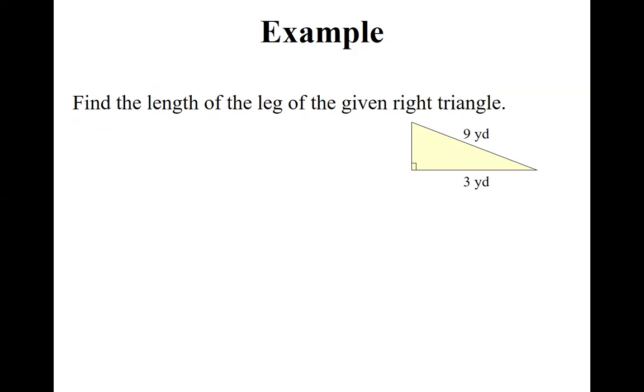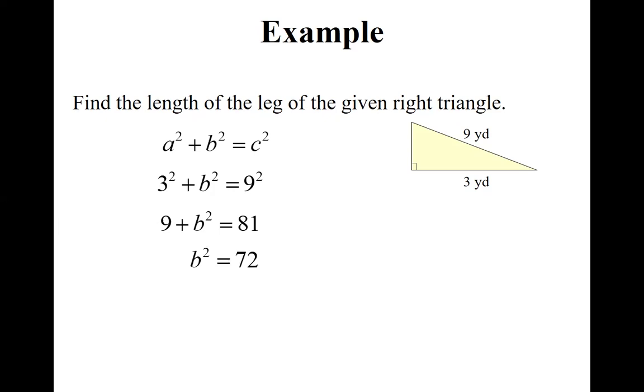Now we want to find the length of the leg of the given right triangle. So the length of the leg, not the hypotenuse. The hypotenuse we know this time. So we know C. And we know either A or B. We can use it for whichever one we want. Let's use 3 for A. Then our unknown is B. 3 squared plus B squared is 9 squared. 9 plus B squared is 81. Subtract 9 from both sides.